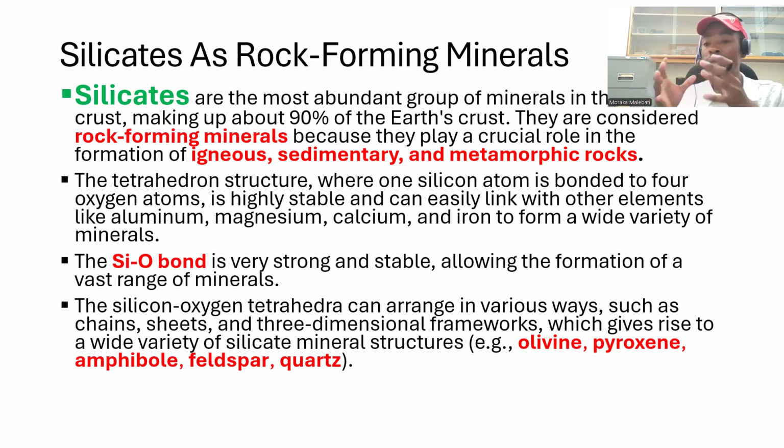You've got different pieces, and when you fit them together, they give you different shapes. So we're going to be looking at the pieces of the puzzles that, when you fit them together, give you a certain silicate structure. That silicate structure has certain physical and chemical properties. Basically, that's what we're going to be looking at today.